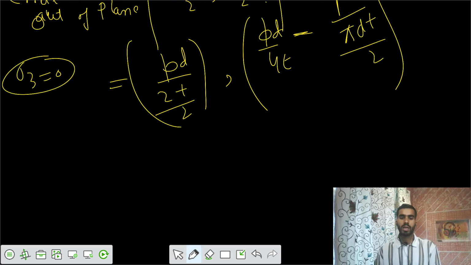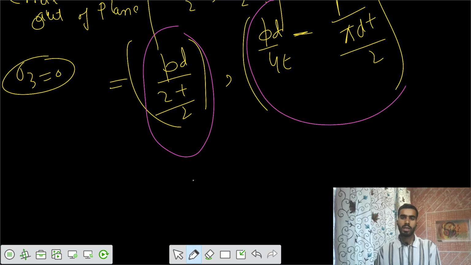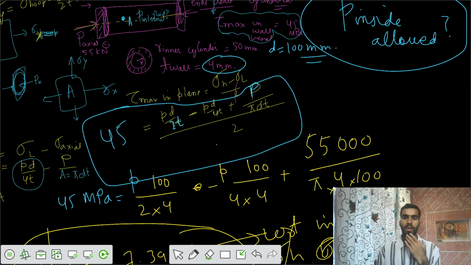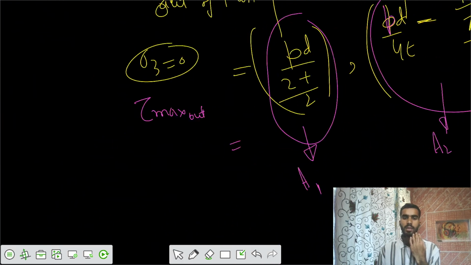Out of these two values, I don't know the value of P in these equations. Let's say this is some answer A1, and there is some answer A2. I have to equate that with the tau max out of the plane, which is 45 megapascal.